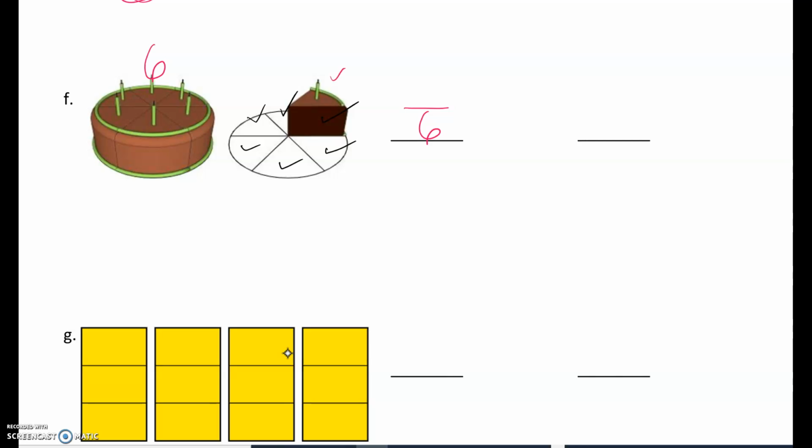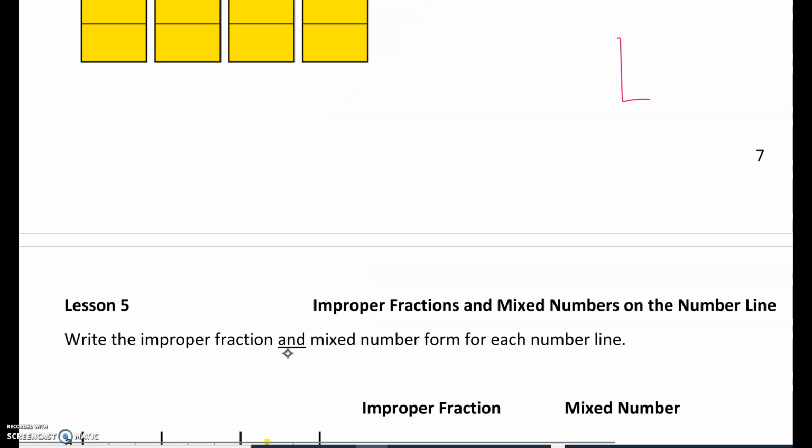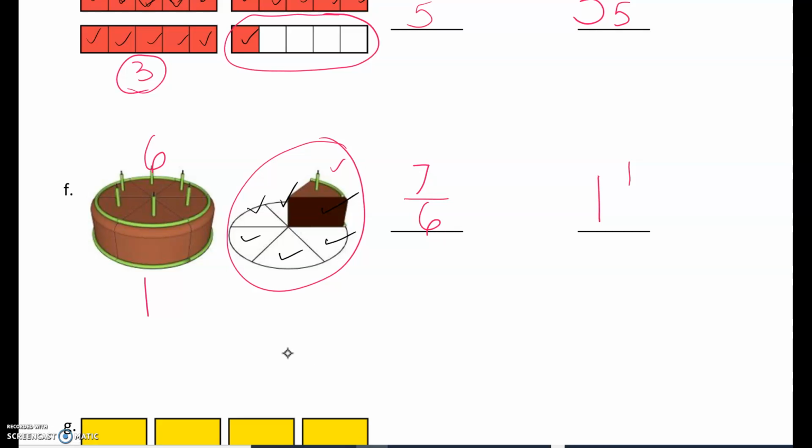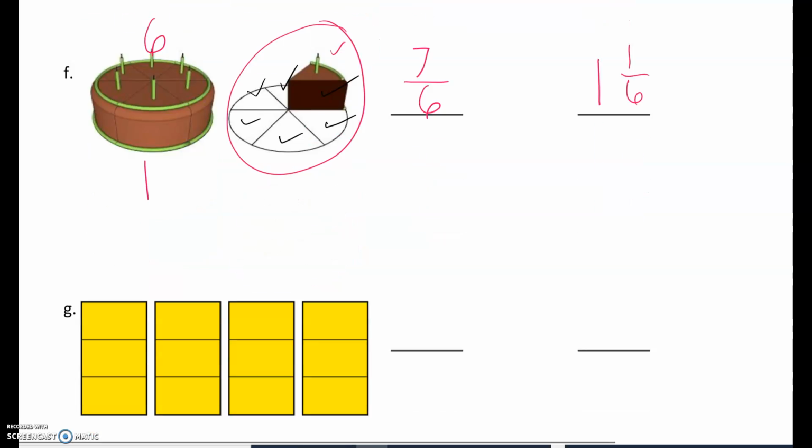So that would be 7. Now I have 1 whole cake. And in here, I have 1 out of 6 left over. That is my mixed number.